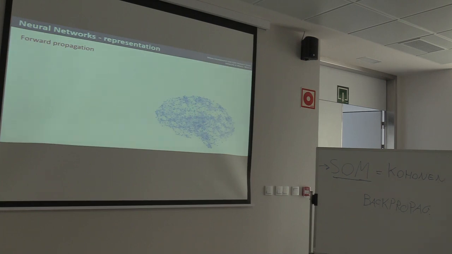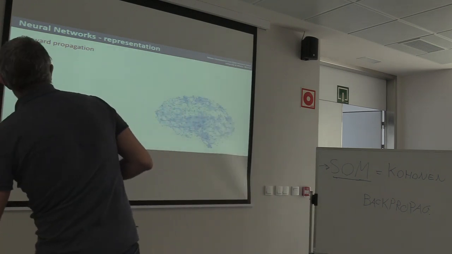Just imagine that we put the information in the network, and this information is propagated through the network, and we will see how. Next, probably after lunch, we will see the opposite, the second step, which is the back propagation, because the information goes and then comes back. So it's a process which is constituted by different steps.